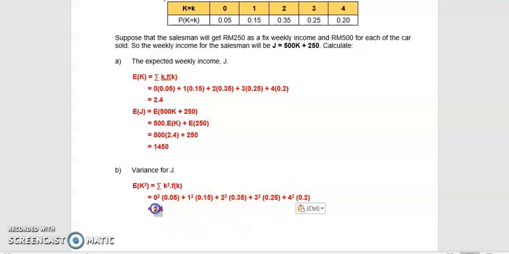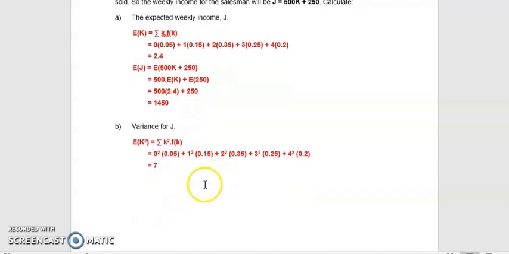So E[K squared] will be equal to 7. Okay, so variance for J. The variance of J, where J equals 500K plus 250.